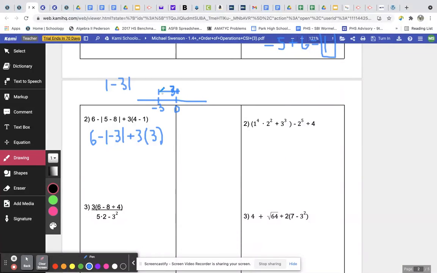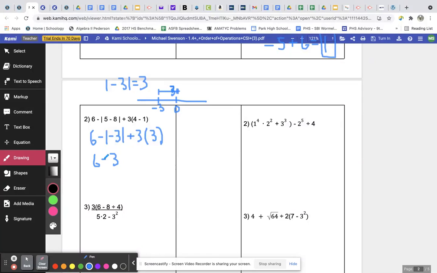The reason why we say it's 3 units is because distance is always a positive number. So absolute value of anything is always going to be positive, okay, no matter what. So the absolute value of 3 is 3. The absolute value of negative 3 is 3.